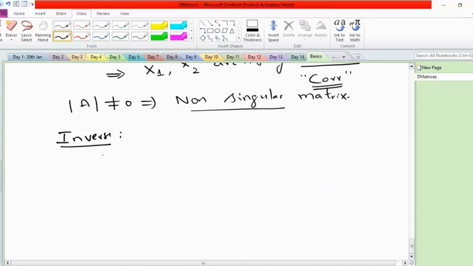Inverse of a matrix. There are two conditions to be satisfied if you want to calculate the inverse of a matrix. First, the matrix should be a square matrix. Second, it should be a non-singular matrix.